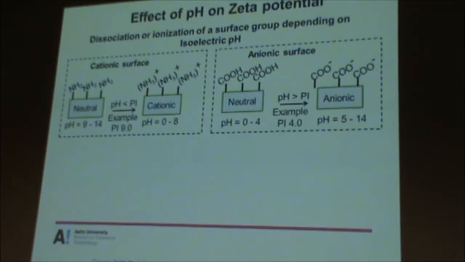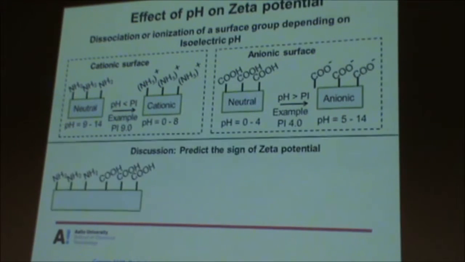The same applies to this particle where we have a carboxyl coated surface. In the pH range 0 to 4, the carboxyl groups are protonated. There is no negative charge. So if you take the pH above the isoelectric pH, which is, let's say, 4, in this range you will have deprotonation happening, which means the surface will be negatively charged.